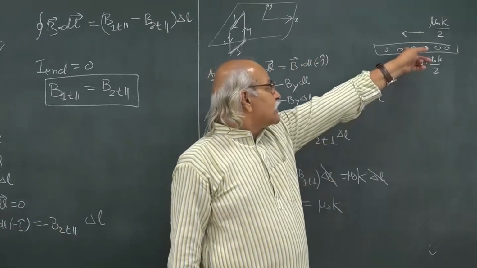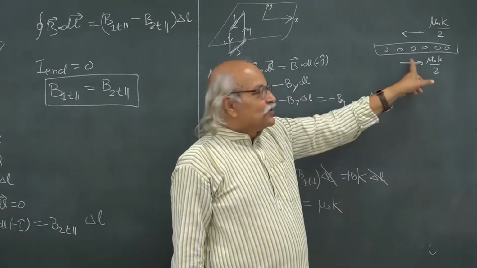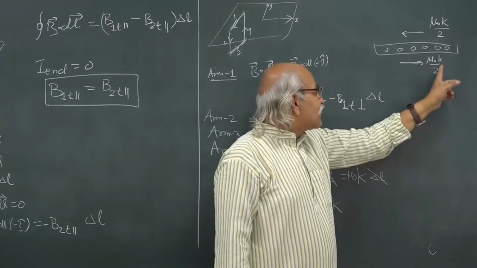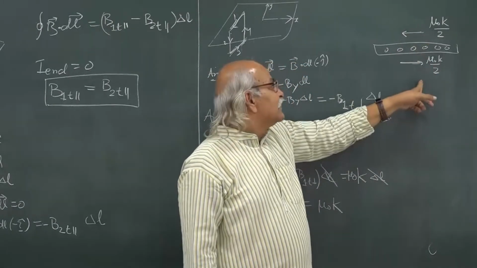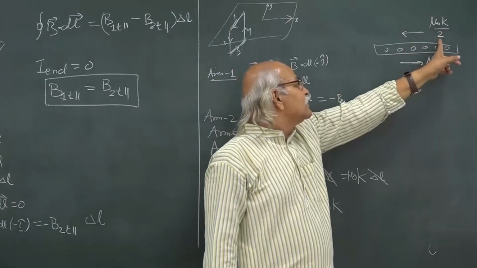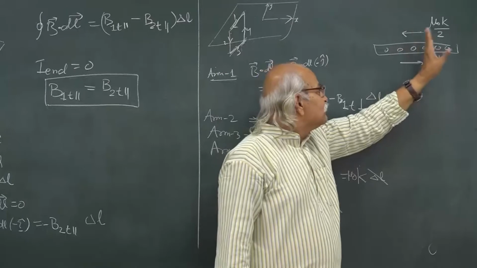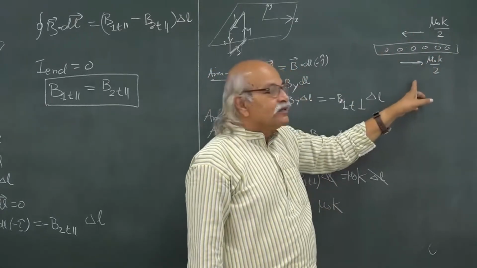So, this is current and this is the tangential component we are talking about. So, it is perpendicular to the current, but tangential, parallel to the surface. You can see the change, it is mu naught K by 2 in this direction, and therefore, if you write in this direction alone, it will be minus mu naught K by 2.